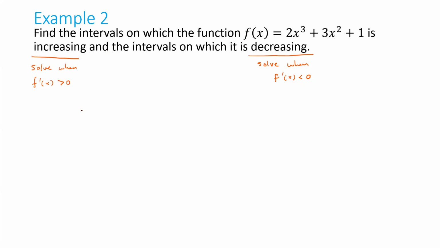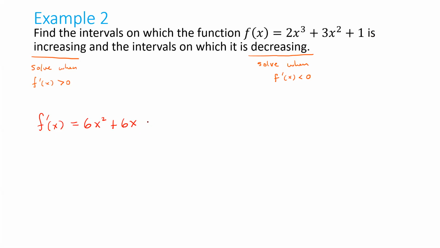So what we'll start with is we'll just take f prime. We've got 2x cubed plus 3x squared plus 1. So 6x squared plus 6x. 1 is a constant. So our derivative will just be that.